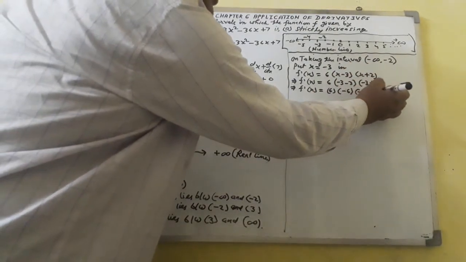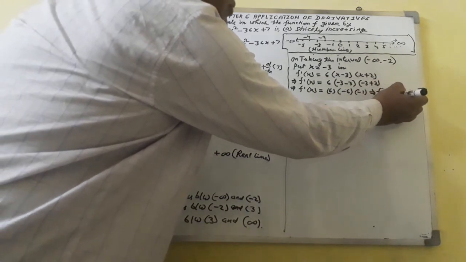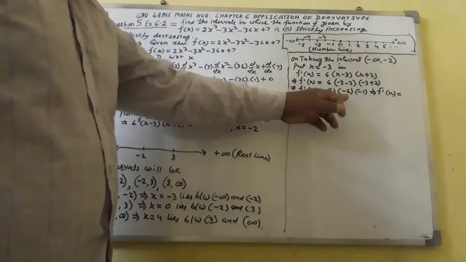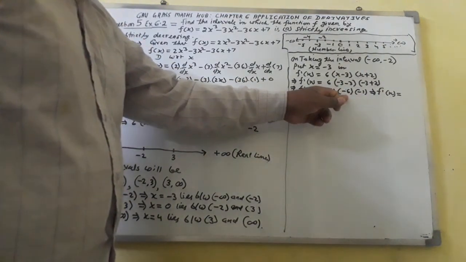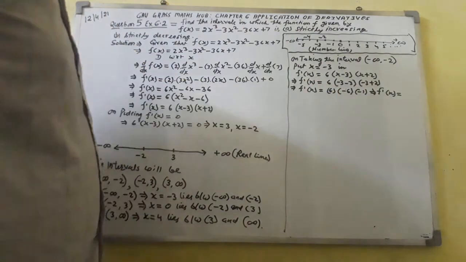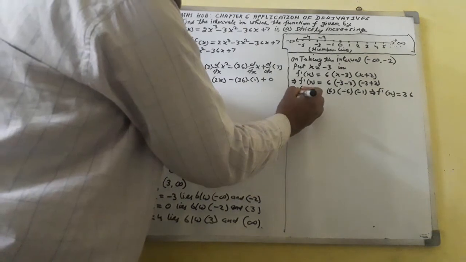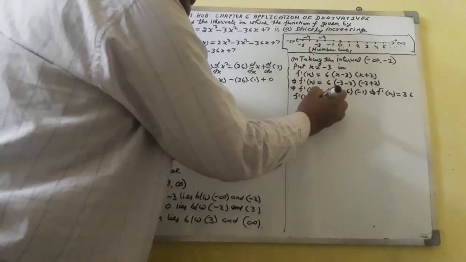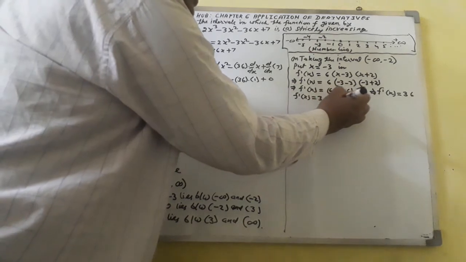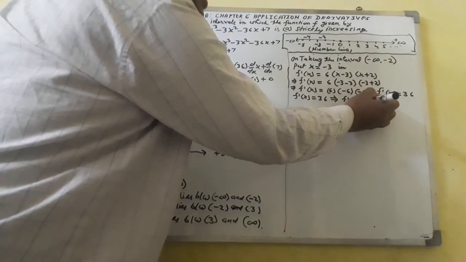Implied that f dash of x equal to minus 6 multiplied by minus 1 comes out to be 6. 6 sixes are 36. So here we have got 36. f dash of x equal to 36 implied that f dash of x greater than 0.